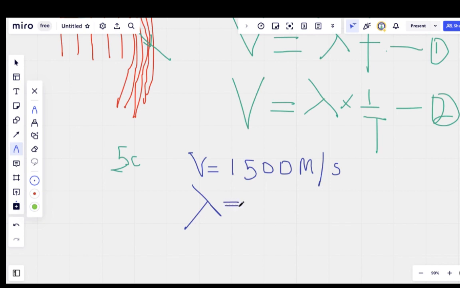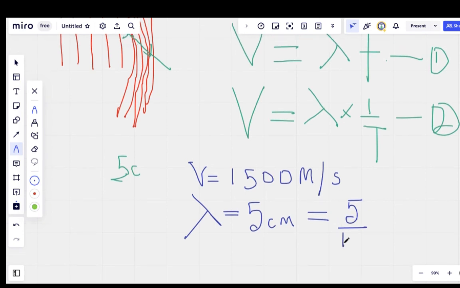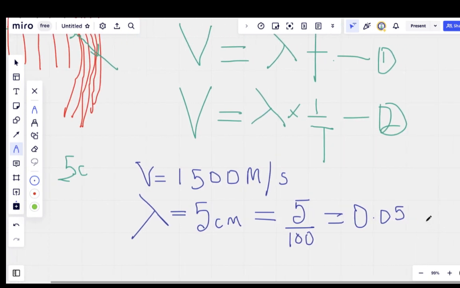How do we convert 5 centimeters to meter? We just say 5 divided by 100. We get 0.05 meter. This is all that is required from you.